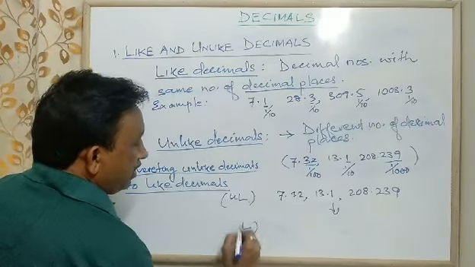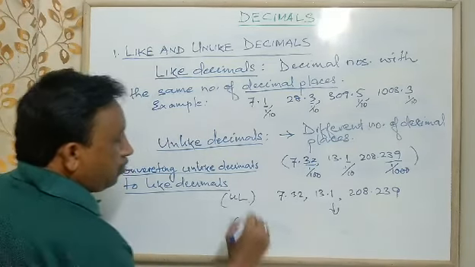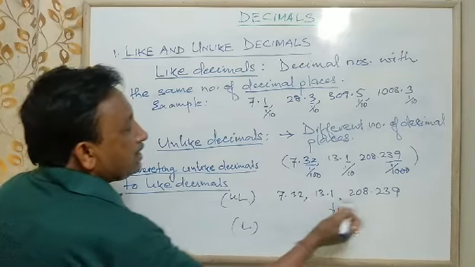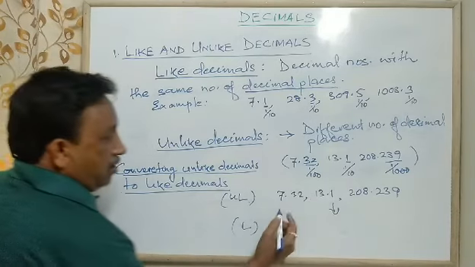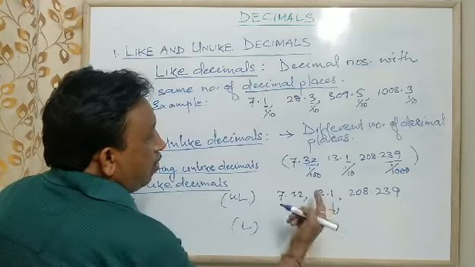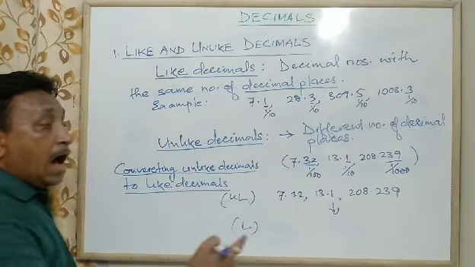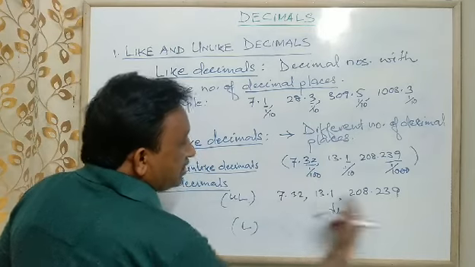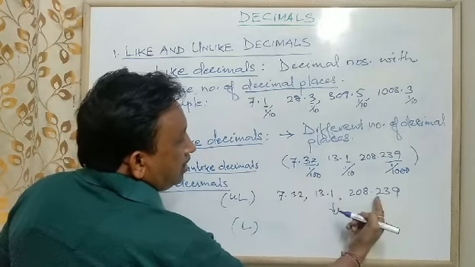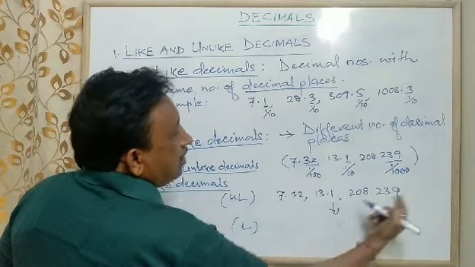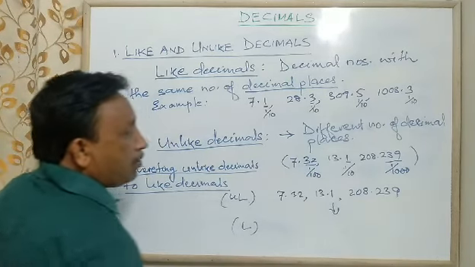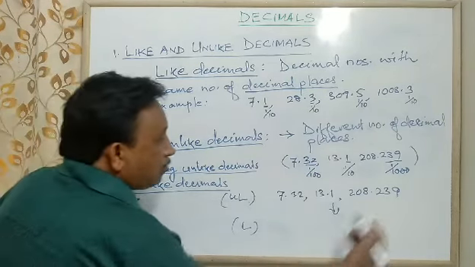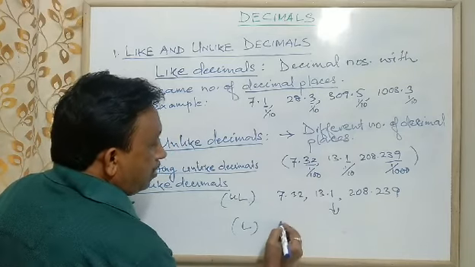How do we convert it to like decimals? Now see, to convert it to like decimals, we have to equalize the decimal places by putting zeros. We will see which decimal has the highest decimal place. In this set of decimals the highest decimal place is the thousandths place. So we will make all the decimal numbers with 1000 decimal places.